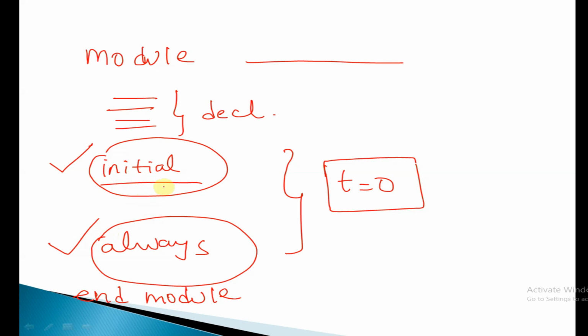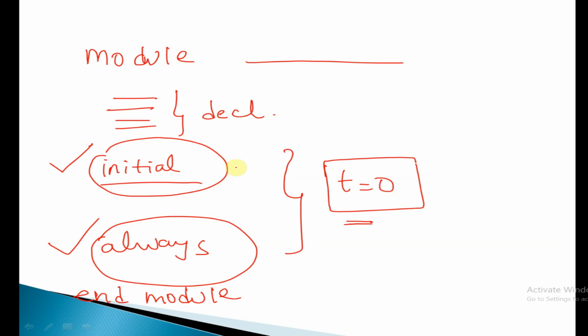Is this clear? Please do remember this, it is a very important point. Both the blocks will be running parallelly and both will start their execution at the same time, at t equal to 0.